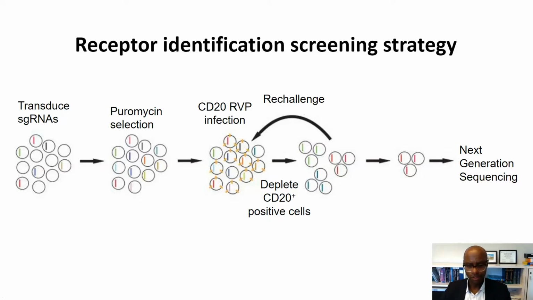And so to increase the signal to noise of the assay, we can do this multiple times. And at the end, we use next generation sequencing to quantify both the relative prevalence of guides, as well as the total amount of reads per guide.